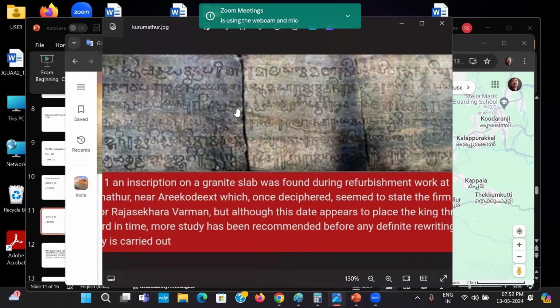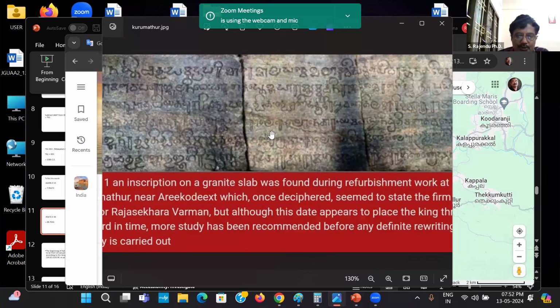Sir, there is a small doubt. How is that particular word identified from that verse? That is what I told you here: Kali Kalau means in the Kali year.